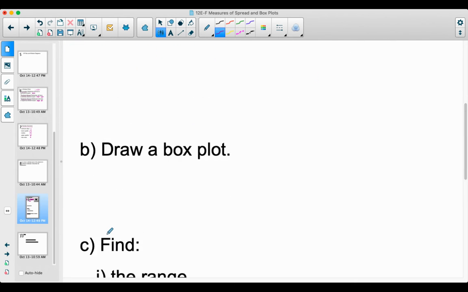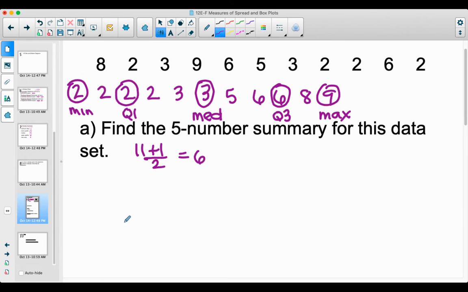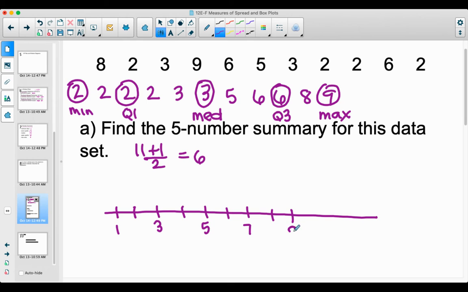And then part B, it says draw the box plot. So I'm going to just draw it up here. On a number line, you just need to put your values there. So 1, 2, 3, 4, 5, 6, 7, 8, 9. And so we put our points at the correct location.